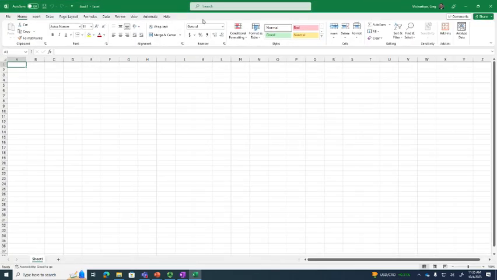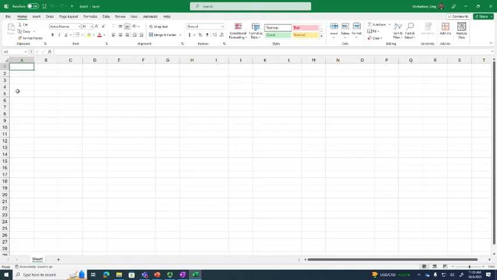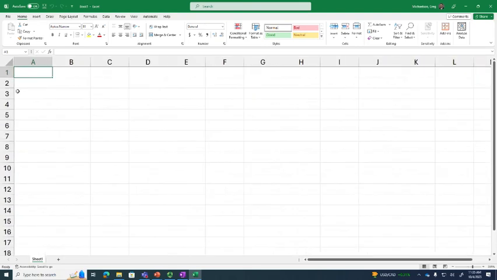So I got myself a blank Excel sheet. Zoom in a little bit. All right. I'm going to start 3 columns. Let's do X, V and M.